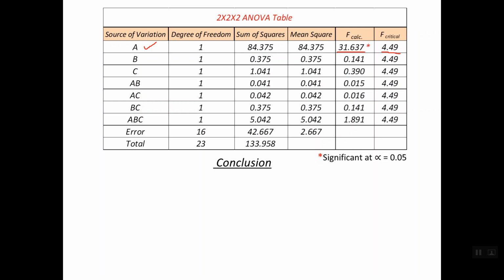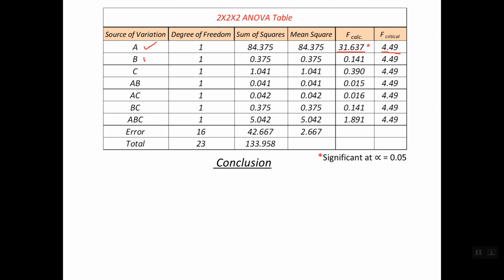So for factor A, we reject the null hypothesis, which states that the mean for A1 is the same as the mean for A2, which is simply we accept the alternative hypothesis, which means that the two means are not the same.